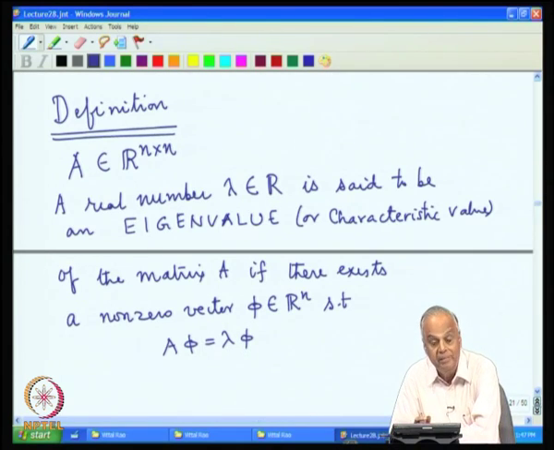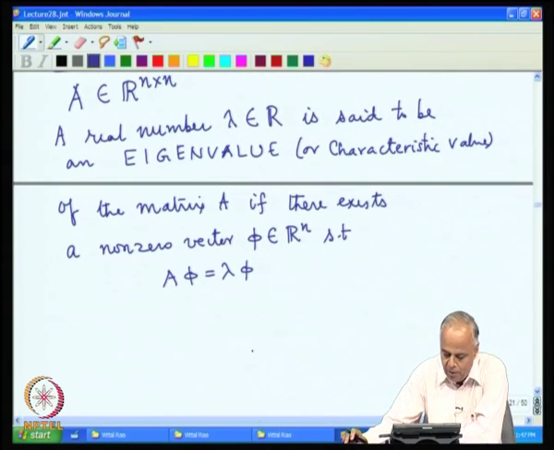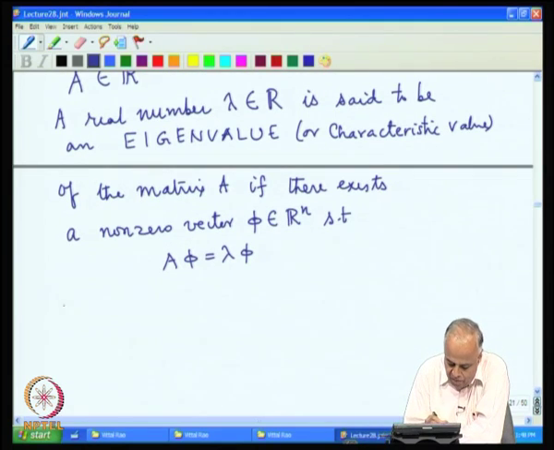That is invariant. Phi remains in the same direction as phi.